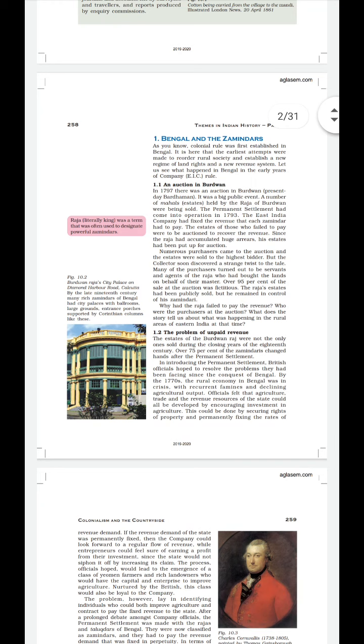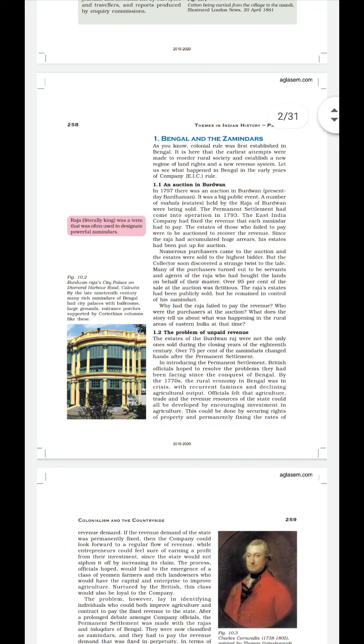The revenue demand was already fixed. When production was very low, it became difficult for the peasant to pay the high revenue to the Jamindar. So the Jamindar was not able to collect the tax from the peasant, and for this reason the Jamindar was not able to pay the tax to the company, and the unpaid tax kept increasing, because whether production was there or not, the Jamindar had to pay the tax to the company.